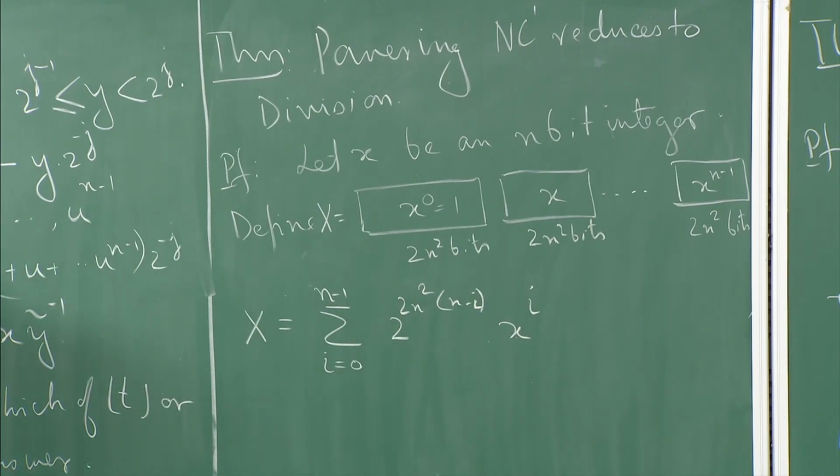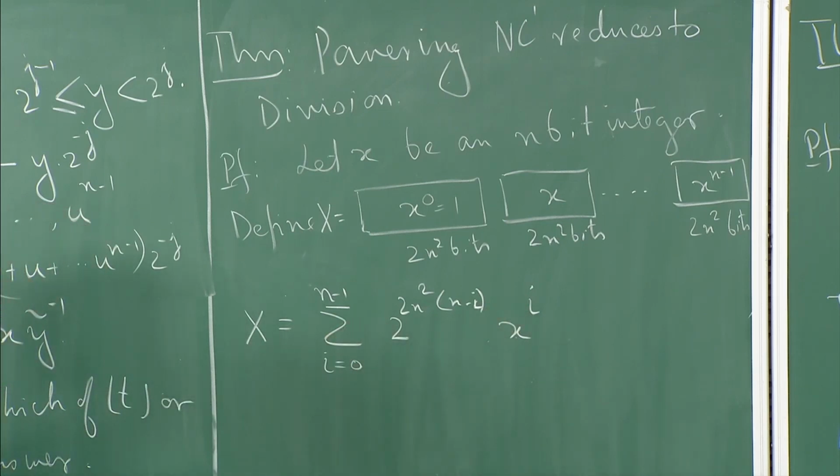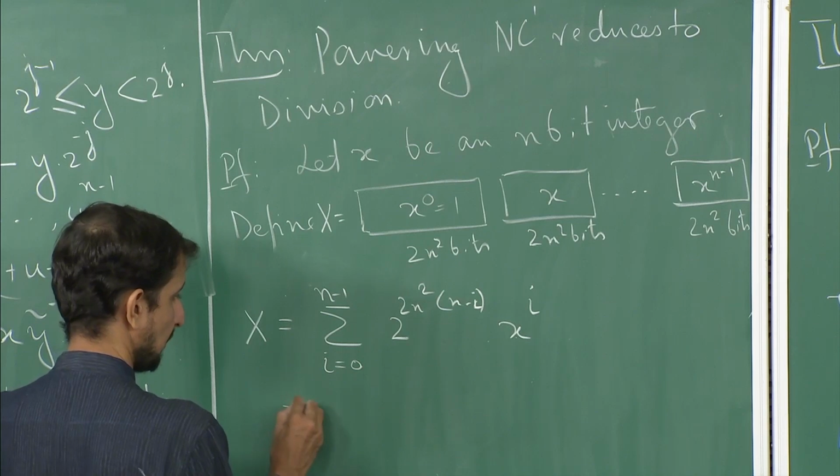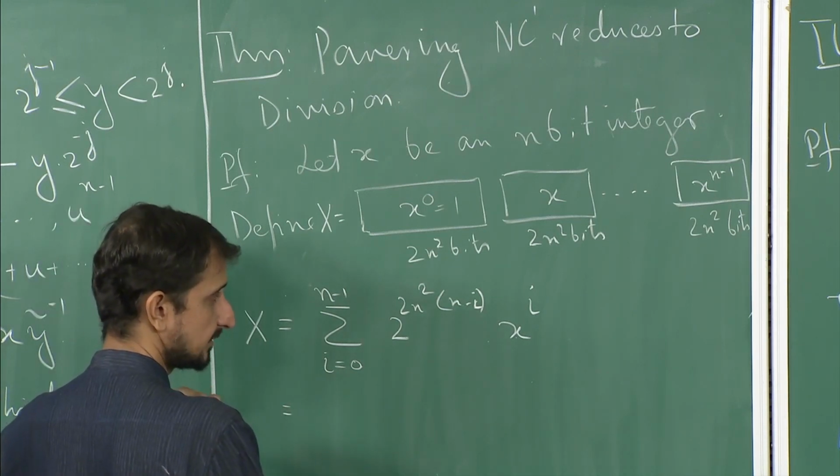This is my scaling factor, which is shifting, times x to the power i. Now I can take the constant term outside.